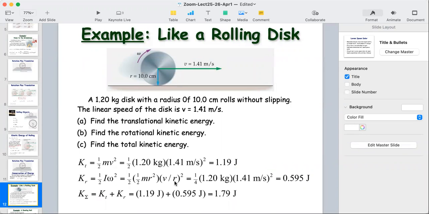Omega is v divided by r, squared. I know all these quantities, so I just substitute them. They are also in the correct units, and I found 0.595 joules. Very good. Find the total kinetic energy. The total kinetic energy is the translational kinetic energy plus the rotational kinetic energy. So I just have to put the sum of this term with this term, and it comes out to 1.79 joules.